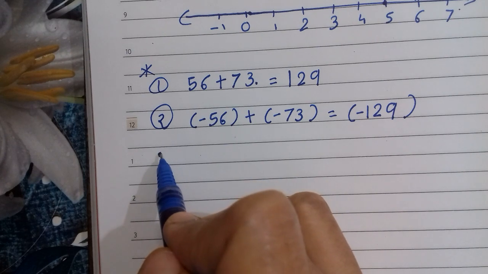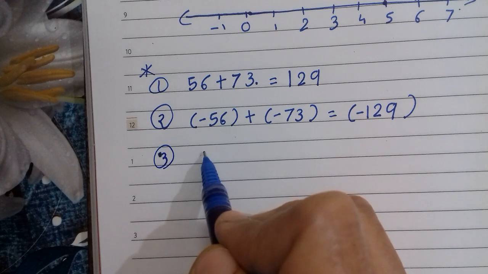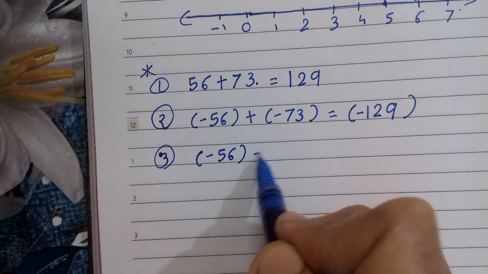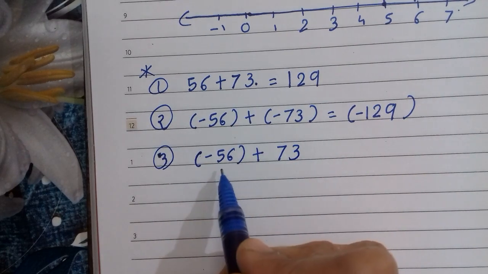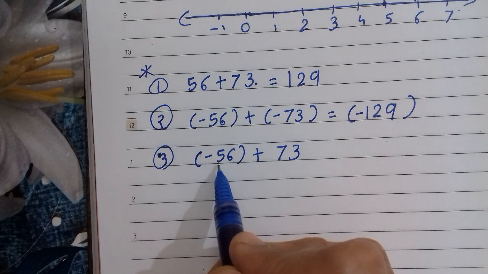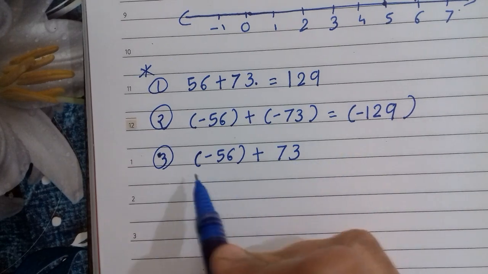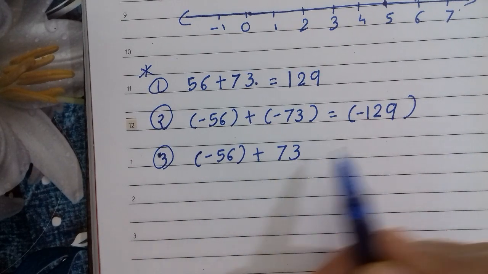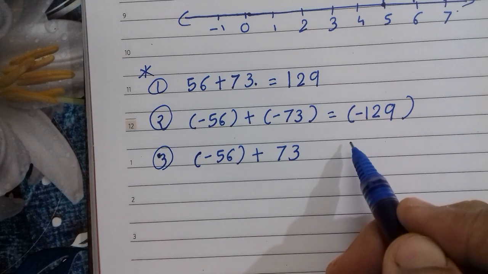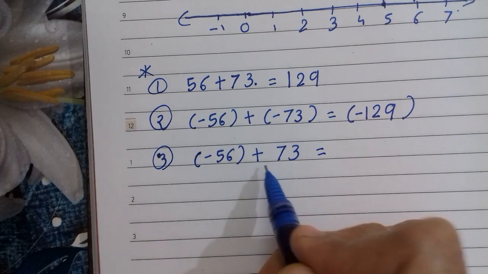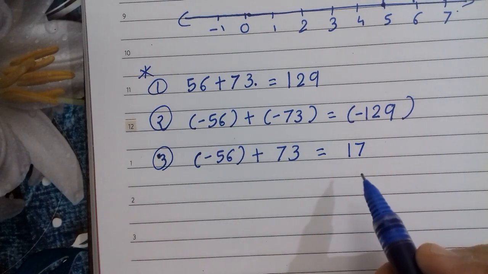When one positive and one negative integer are added, for example, minus 56 plus 73, one is a negative integer and the second is a positive integer. So we take their difference and place the sign of the bigger integer. The difference is 17.